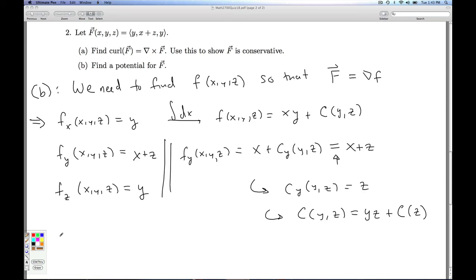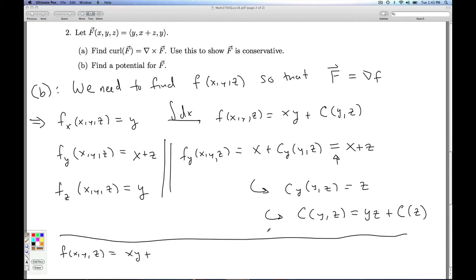So now I know f of x, y, z is equal to xy plus c of y, z. That's xy plus yz plus c of z.